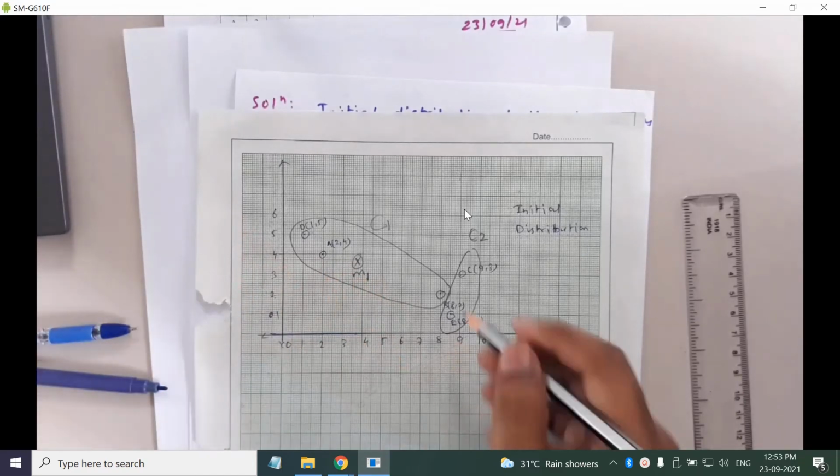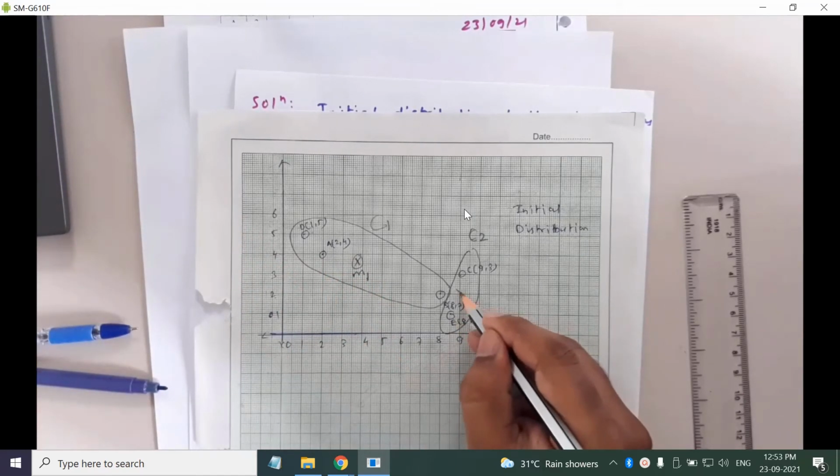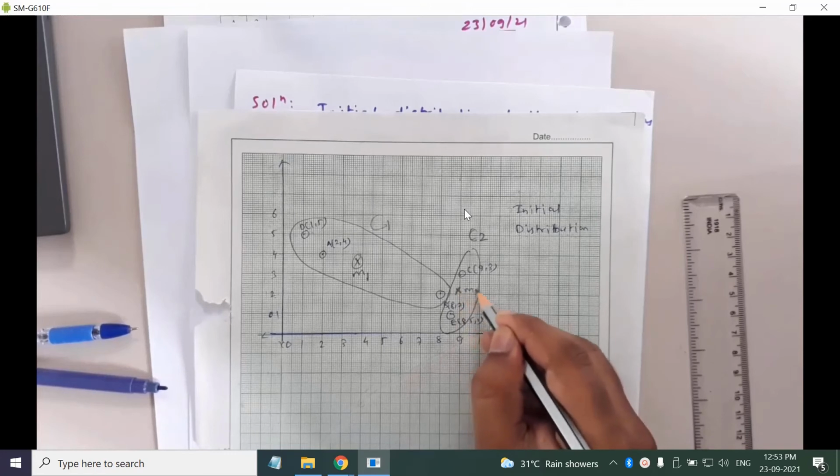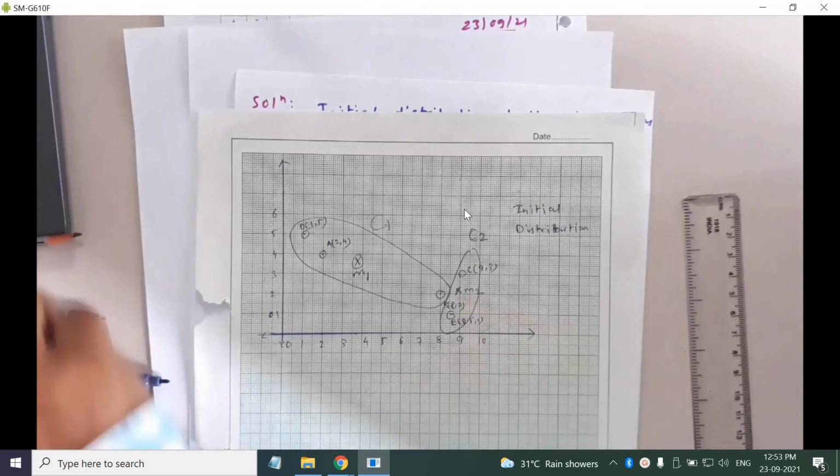And similarly, this should be the M2. So let us calculate mathematically.